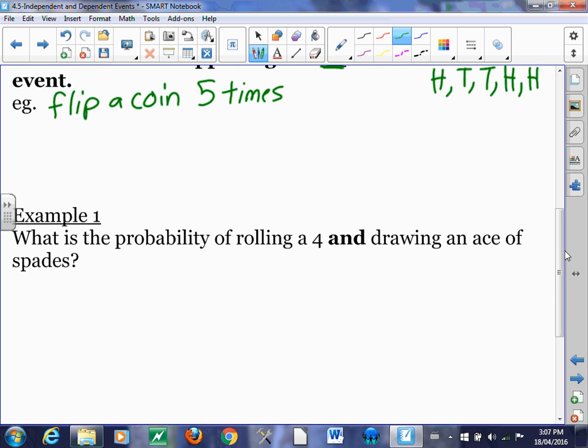What is the probability of rolling a 4 and drawing an ace of spades? Well, what you want to realize is "and" represents what? Multiplying. But you also realize that when you're doing this situation, rolling a 4 means you have a dice, or a die.